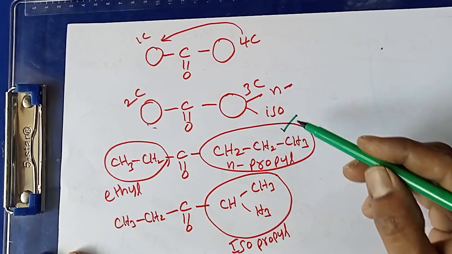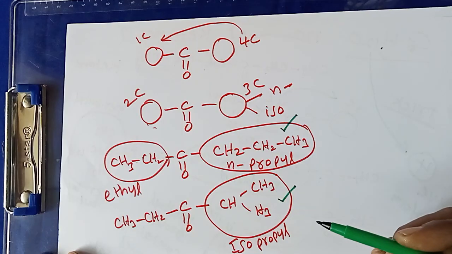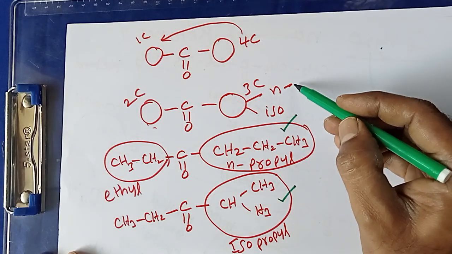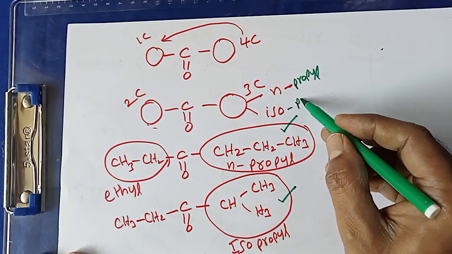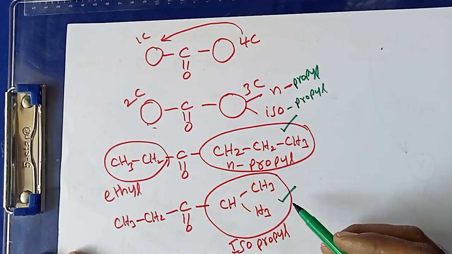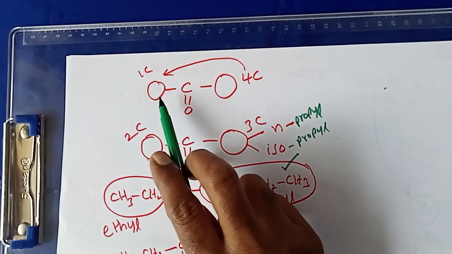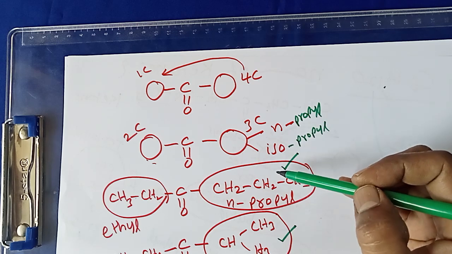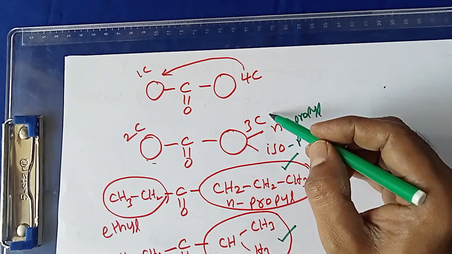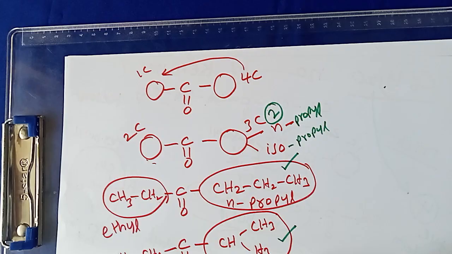So one is N-propyl group, one is isopropyl group. For 3 carbons, 2 only. That's why with this combination, total 2, N-propyl and isopropyl, 2 isomers only possible.